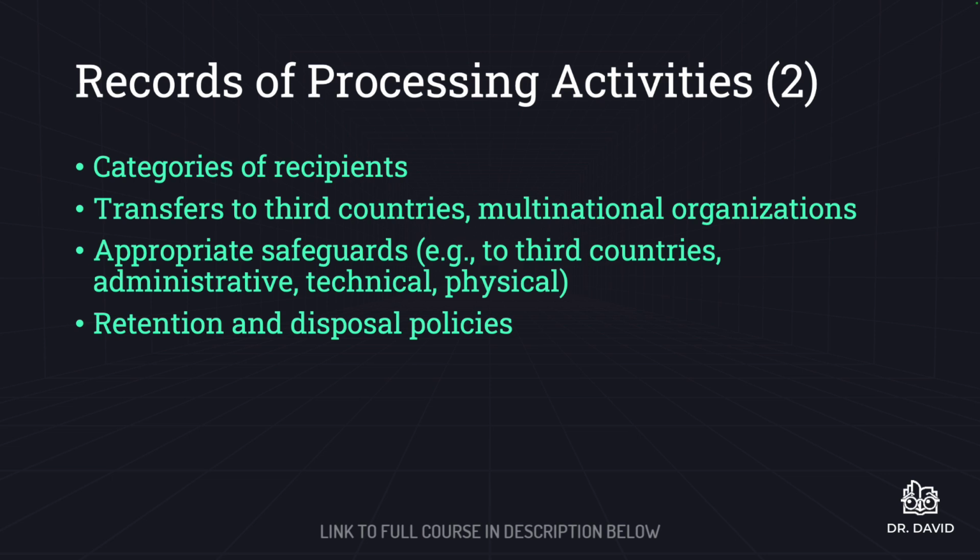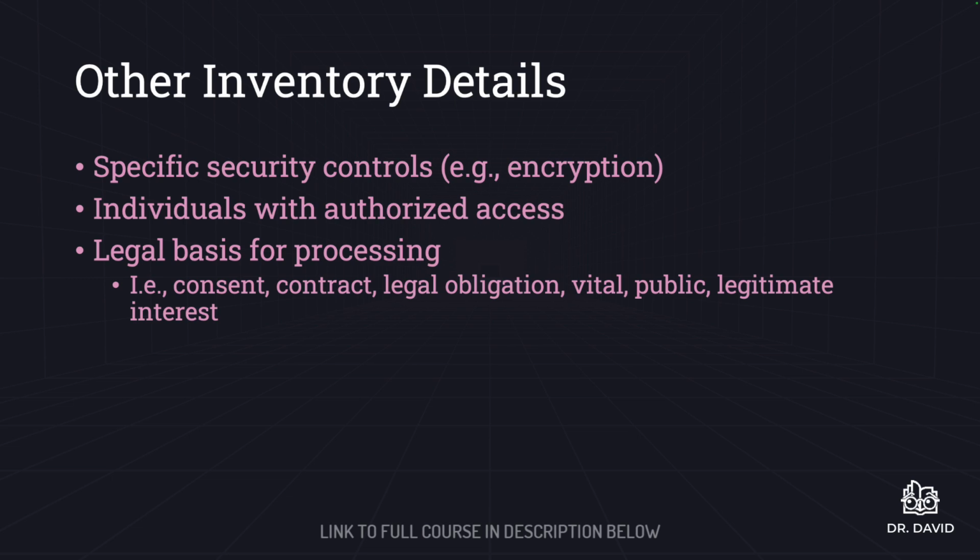And we're going to talk more about safeguards and controls later in the course. But for now, you can think of those as administrative, technical, and physical controls. And finally, the RoPA should include the retention and disposal policies. Other inventory details that you might include in the RoPA are the specific security controls.